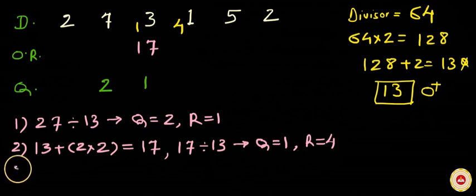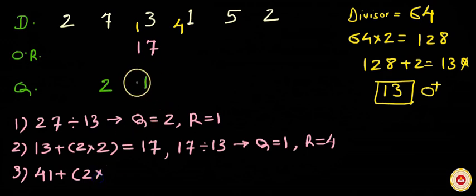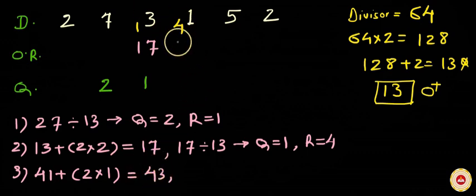So, third step, read this as 41. To this 41 add 2 times the last quotient digit, which is 1. So 41 plus 2, 43. This 43 is the second osculation number and should be written below this 41. Now 43 divided by osculator 13.